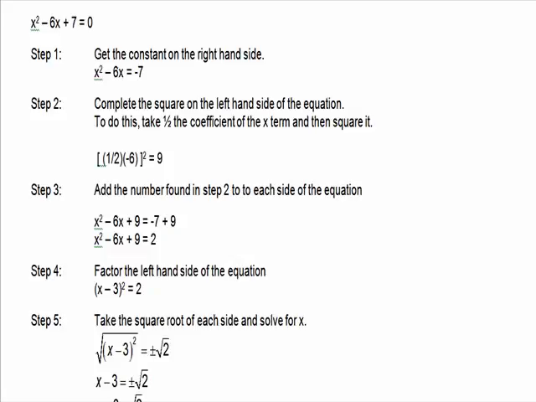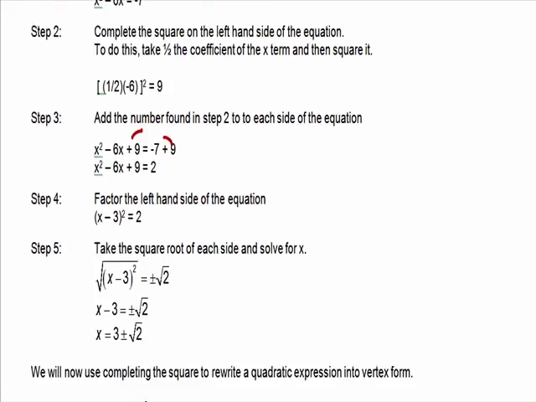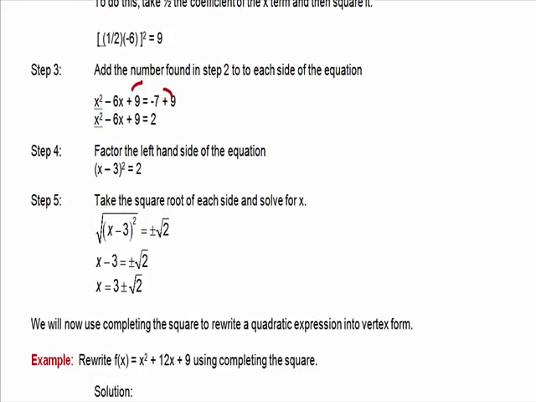So step 3, and this is the critical step, we're going to add the number that we found in step 2 to each side of the equation. And so notice I added 9 to the left side, I added 9 to the right side. And then I simplified the right-hand side. So that gives me x squared minus 6x plus 9 equals 2.